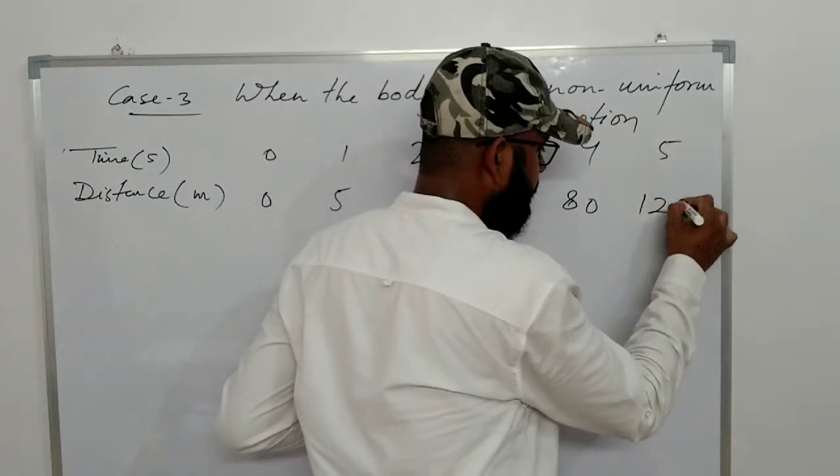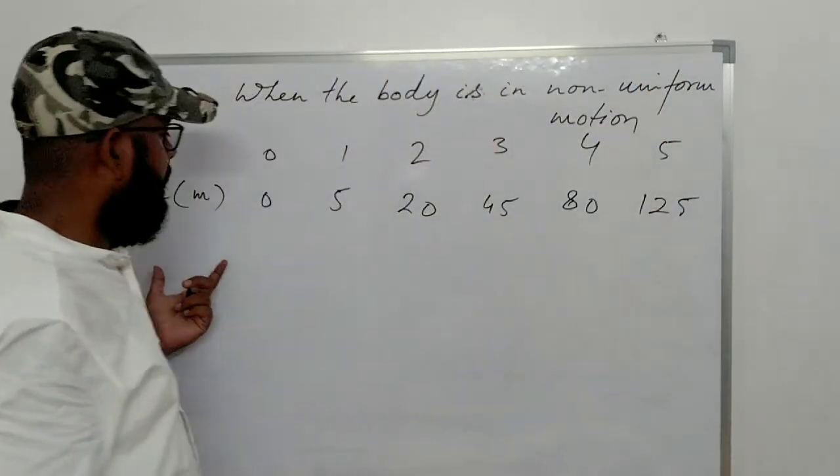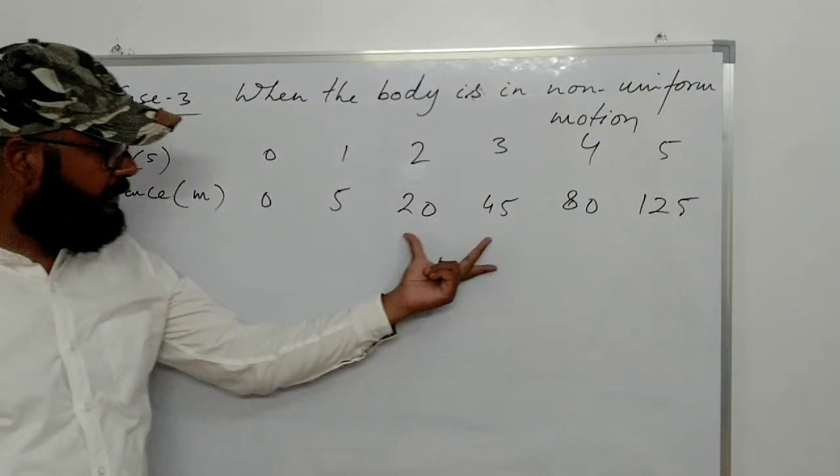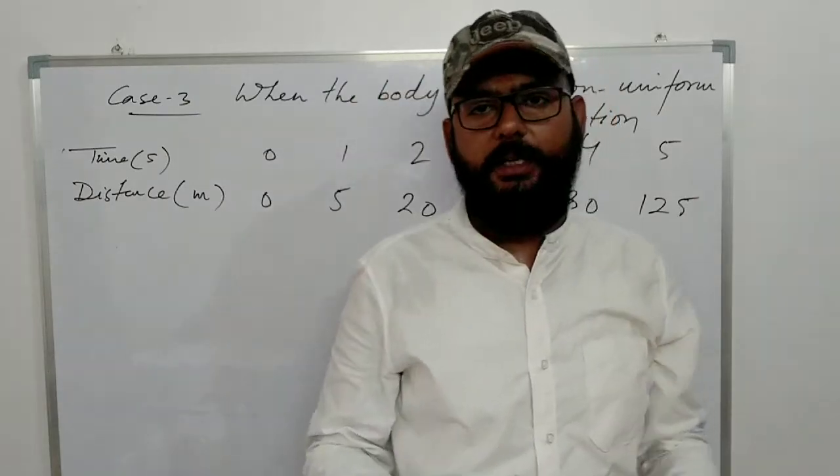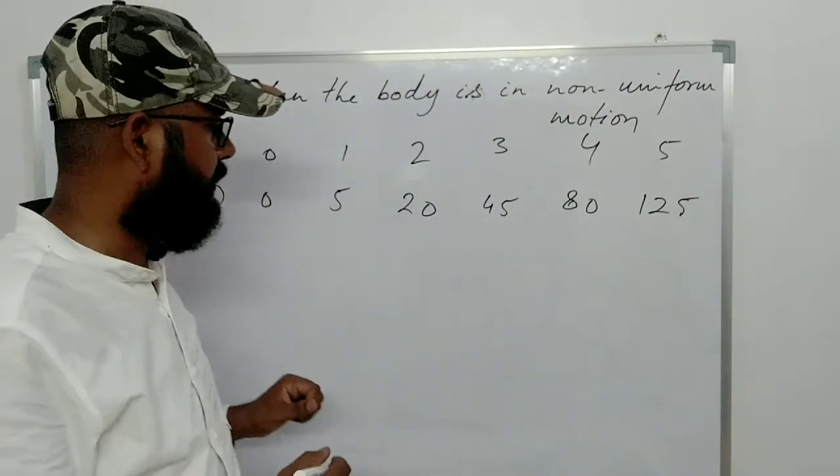You can take any information for non-uniform motion. Suppose this table is given, and you have to draw the graph of non-uniform motion. So let's draw.